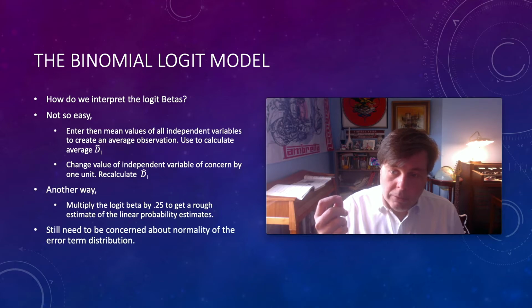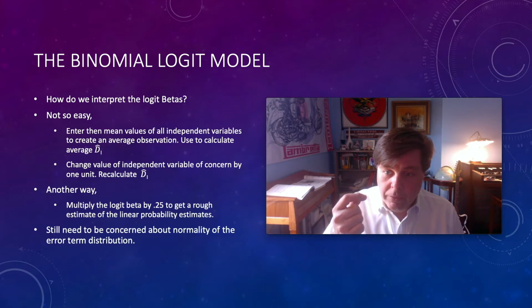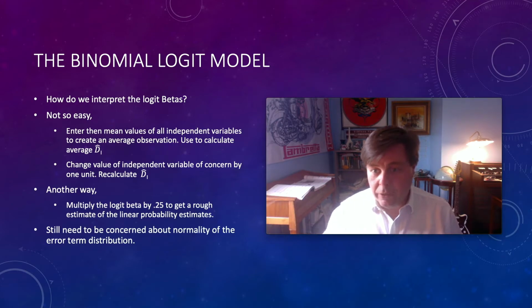Then rerun the regression, take the new estimated value of D, and subtract the average value of D that we calculated a moment ago. That difference between those two D's is our marginal impact, or our one-unit-change impact of a change in that independent variable on our dependent variable.